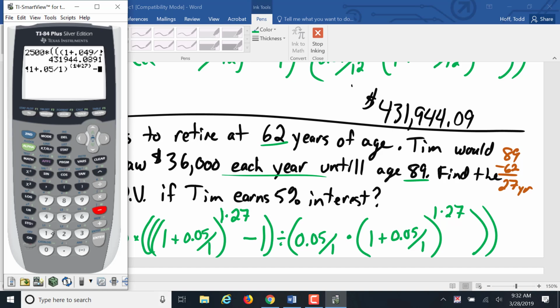You know it's just 27. Minus 1, close parentheses, divided by, open parentheses, 0.05 divided by 1 times, parentheses, 1 plus 0.05 divided by 1, close, power of 1 times 27 again, close, and then 2 close parentheses.